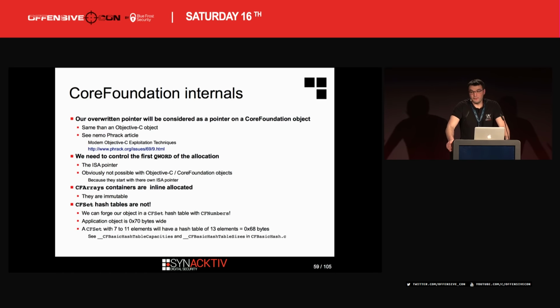Lucky for us, CF set hash tables are not inline allocated. So we can again use CF set and forge a hash table where we will control the first DWORD, the first pointer, well, the first value of the allocation. So we just create a new CF set, and we will place CF integers at the beginning of it to control the first pointer of the allocation.